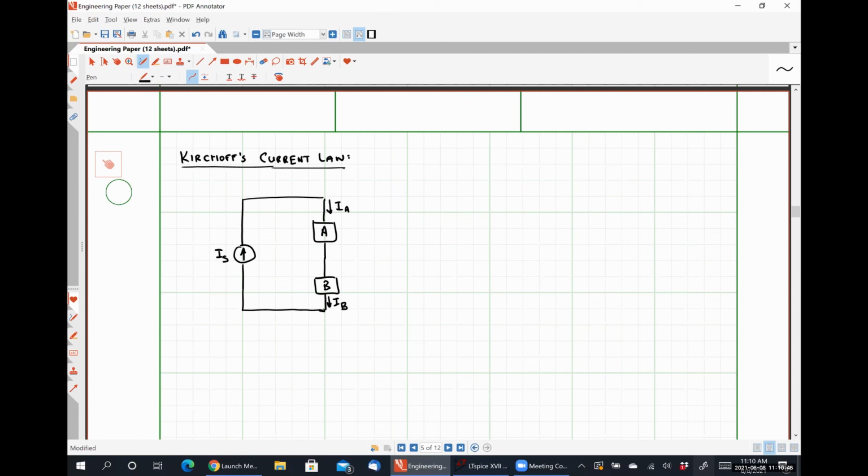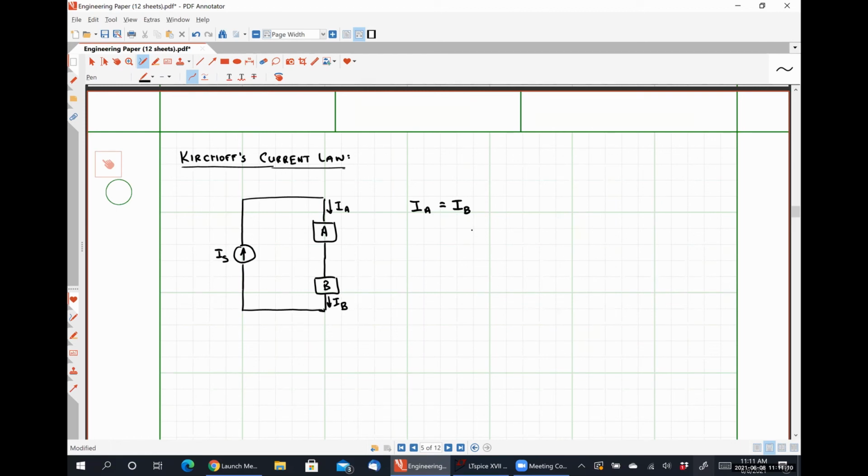What is the relationship between the current IA and the current IB? Can anybody tell me? They should be the exact same. So our assumption here is that IA is equal to IB.